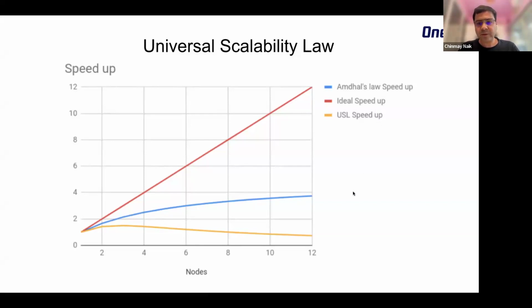Correct. The takeaway from this graph is that typically we are required to do some analysis for capacity planning, and this kind of graph really helps in planning the capacity. I'll cover one of the use cases where we put this into effect. So that's the purpose of thinking about this graph.